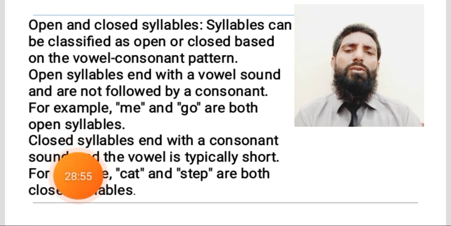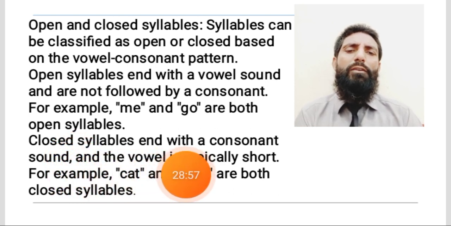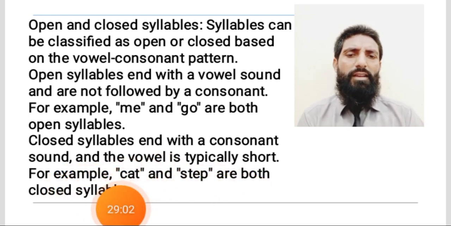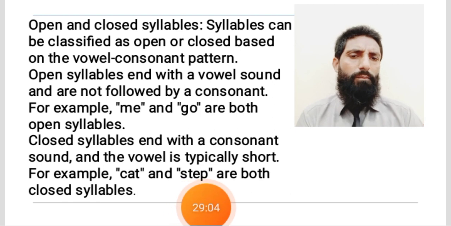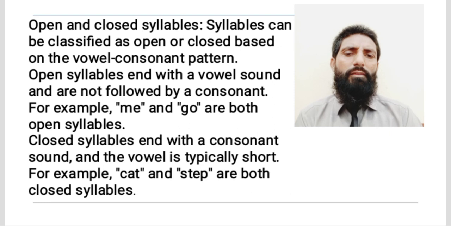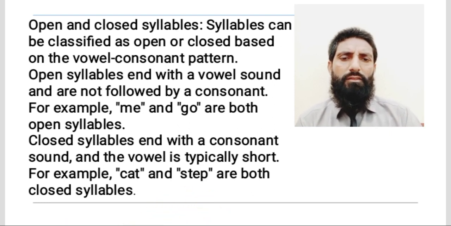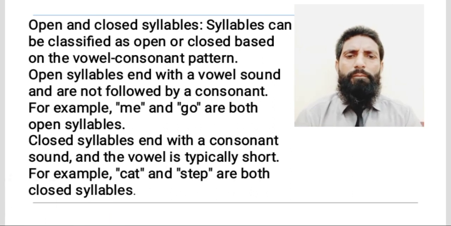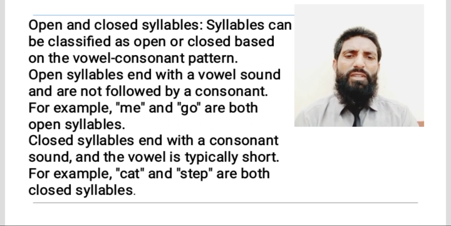If we talk about closed syllables, they end with a consonant sound, and the vowel is typically short, like cat and step. Here A and E are typically short, and these end with consonant letters. In cat, C is a consonant, A is a vowel, and it ends with T, which is a consonant.